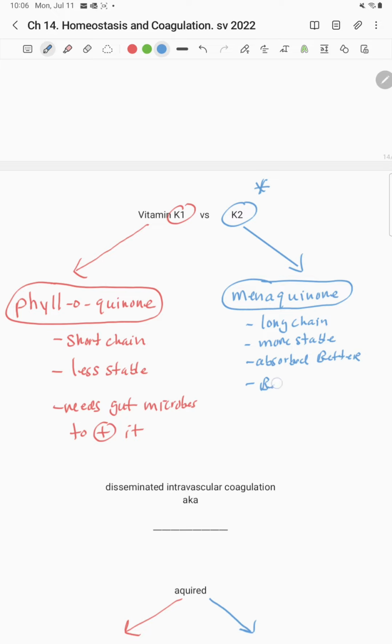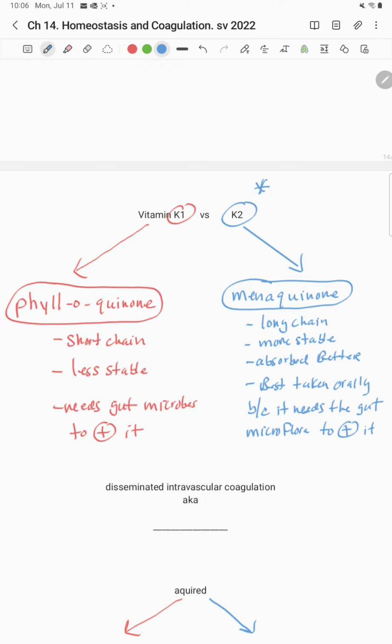And it is best taken orally, not through a shot, because it needs the gut microflora to activate it.